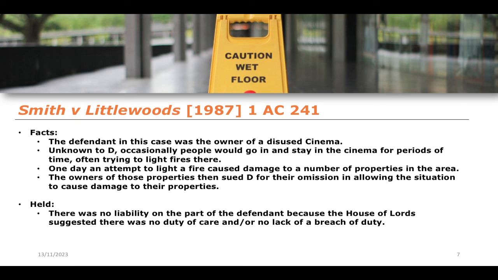Again, it was held that there was no liability on the part of the defendant, and the House of Lords suggested that there was no duty of care, and therefore no breach of duty of care. If there was no duty of care, then there can't be any claim in negligence. And so those are the two cases which illustrate the general rule for the concept of omissions. Like I said, the next lesson is going to talk about situations where liability can arise out of omissions in the tort of negligence.